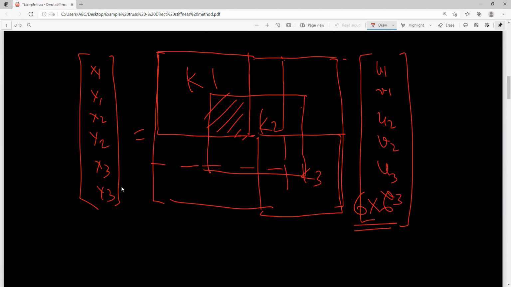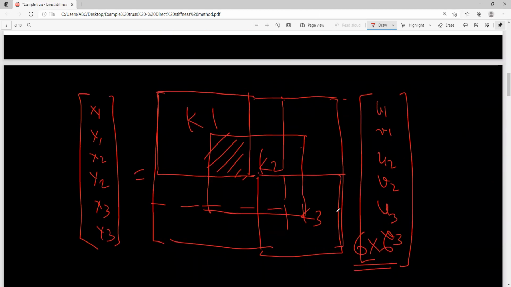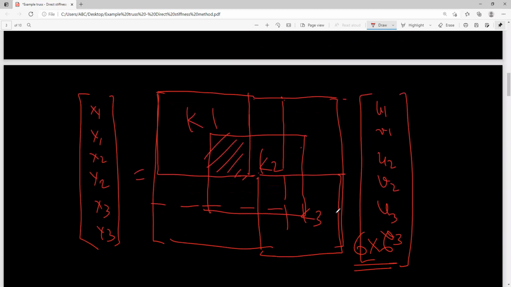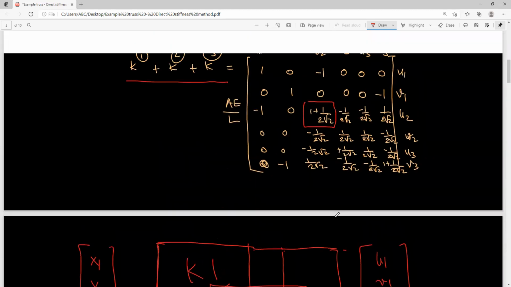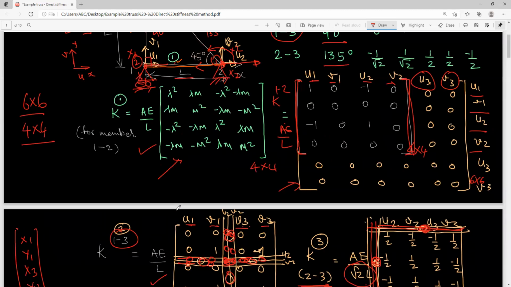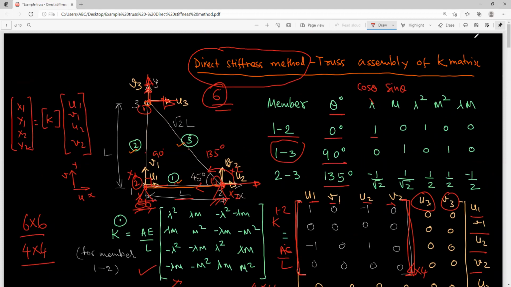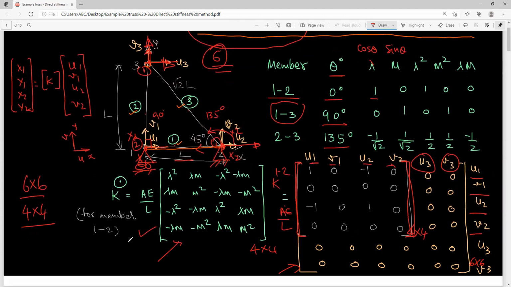So you may use the partition matrix for introducing the support and loading conditions. We have already seen the partition matrix in solving the spring examples, and how you can populate it according to your support conditions and boundary conditions, and then solve your problems. Thank you.